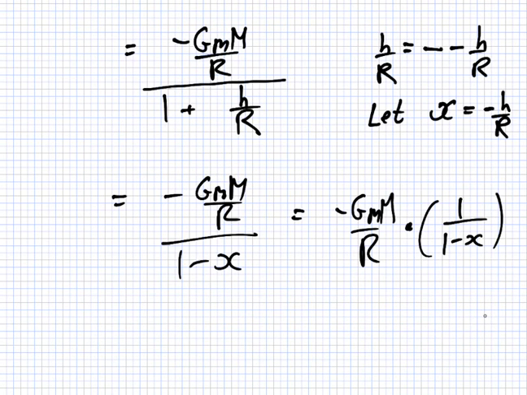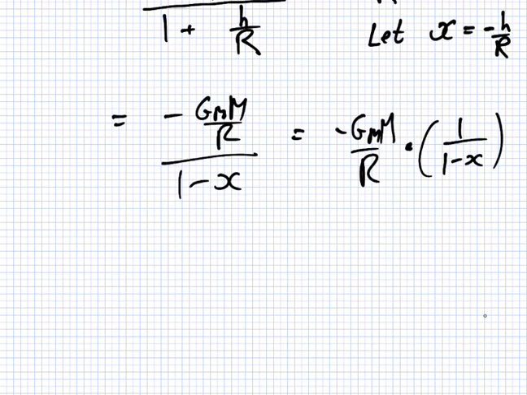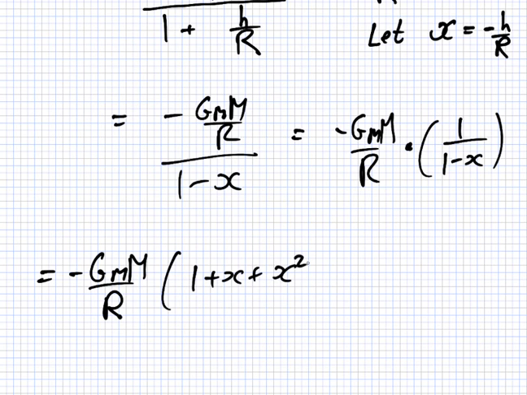Now the reason I went to all that trouble just to get 1 over 1 minus X is because from semester 1 maths you might remember there's a formula for 1 over 1 minus X, and it comes from the lesson on long division and the lesson on geometric progressions. 1 over 1 minus X is 1 plus X plus X squared plus X cubed, etc. Shouldn't there be a times 1 minus X as part of 1 minus X?